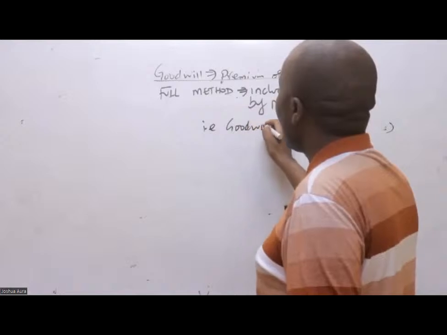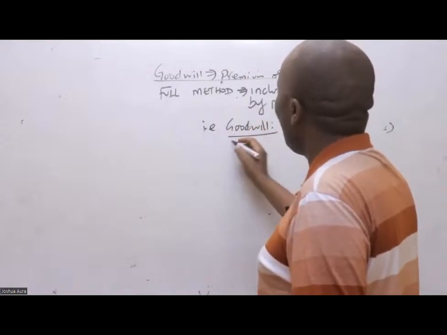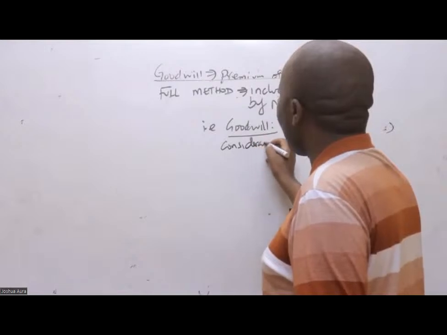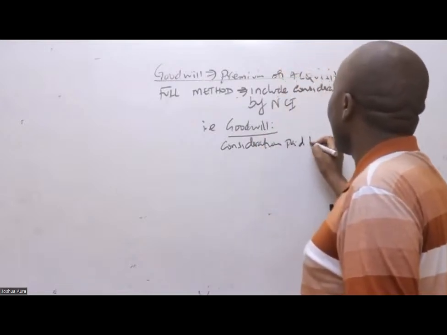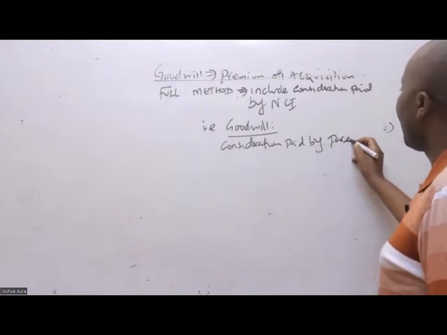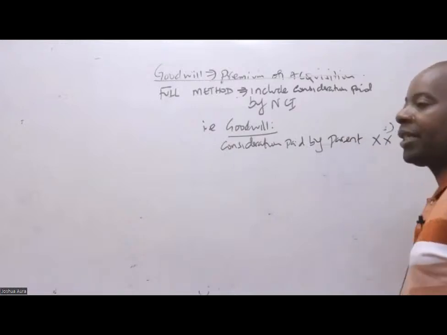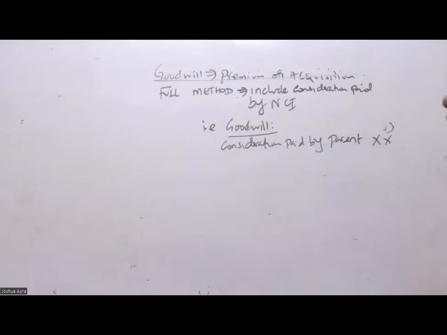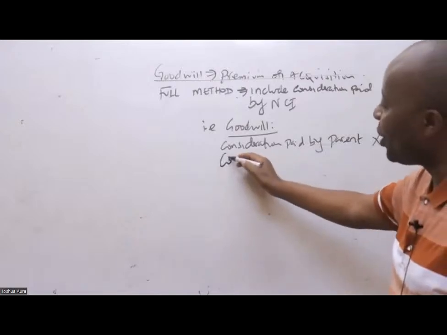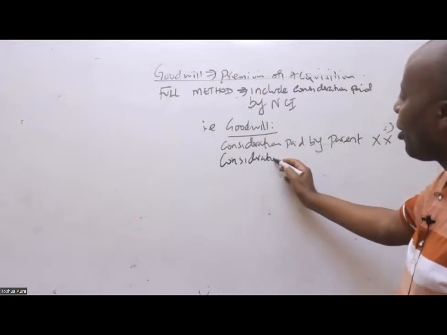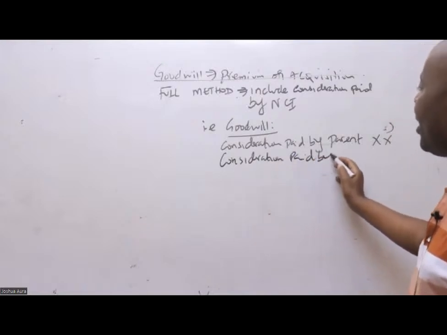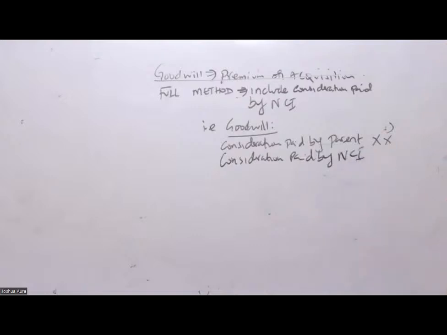Under this approach to get goodwill, we take the consideration paid by the parent company, and then we add the consideration paid by NCI, non-controlling interest. Then we get the total consideration.